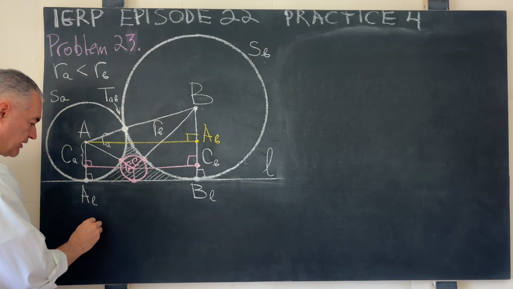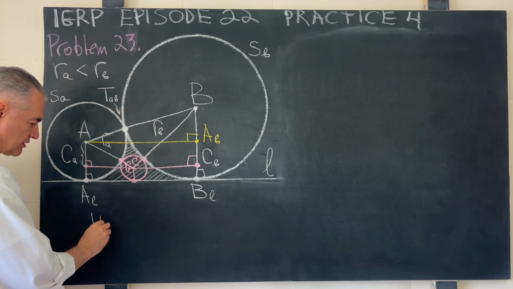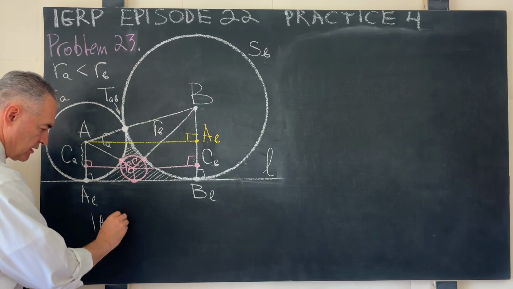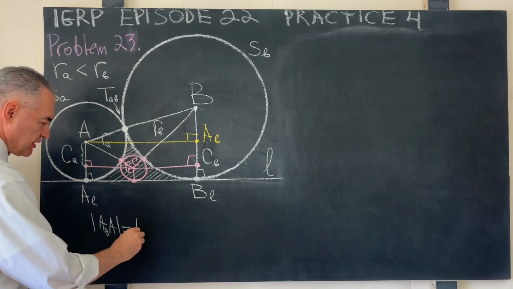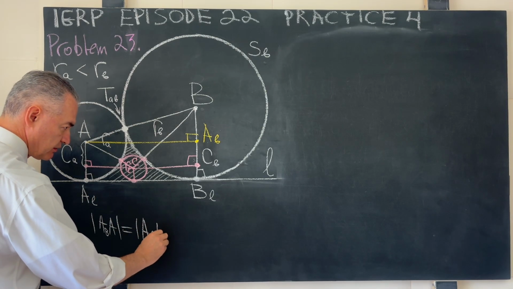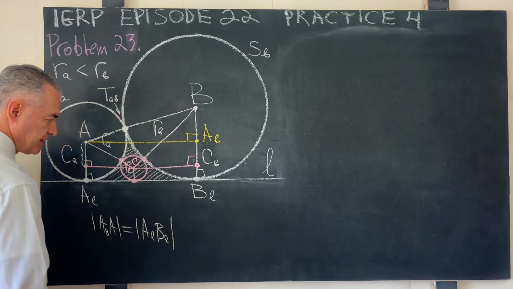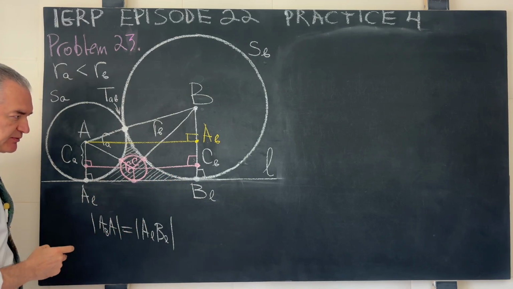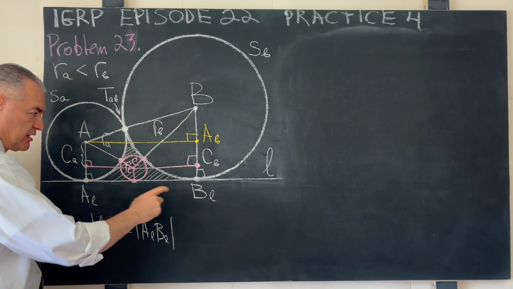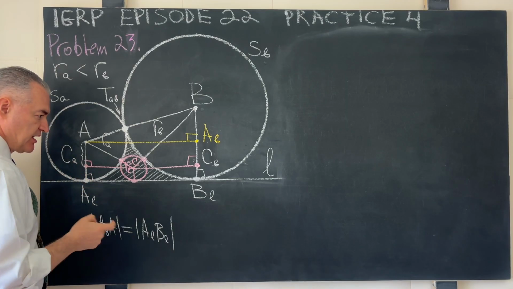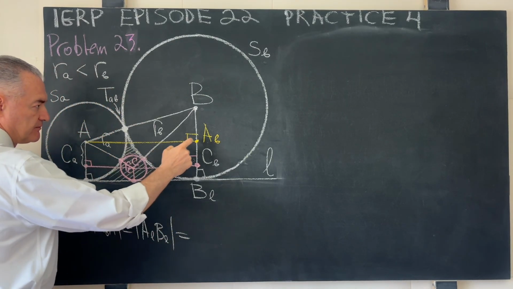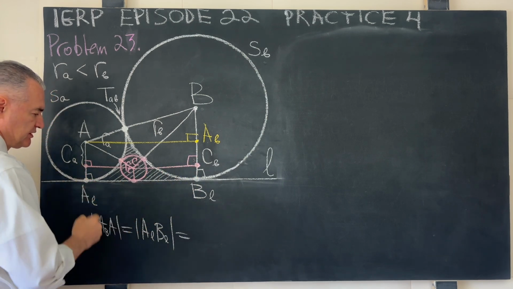That means the length of the line segment ABA is the same as the length of the line segment ALBL, which participates in the formation of the rectangle ALBLCB CA.